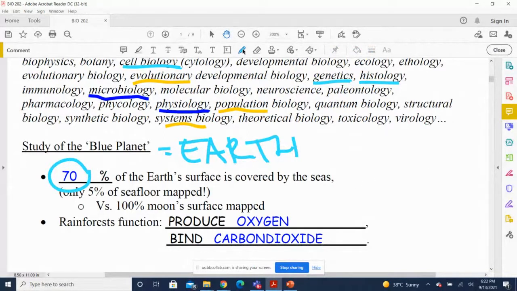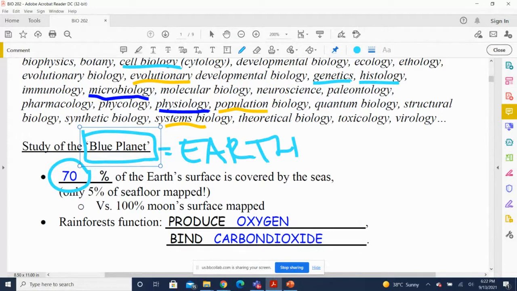So it's correct to say that the Earth really is a blue planet. We're living on a blue planet. And the amount of the seas and the amount of water that covers the Earth's surface area is our first clue for having an idea of how important water really is for life.